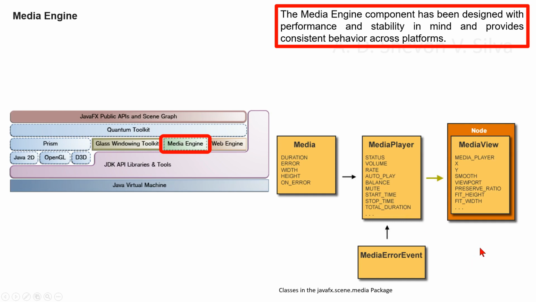The media view class variables are media, media player, x, y, smooth, viewport, preserve ratio, fit height, and fit width.